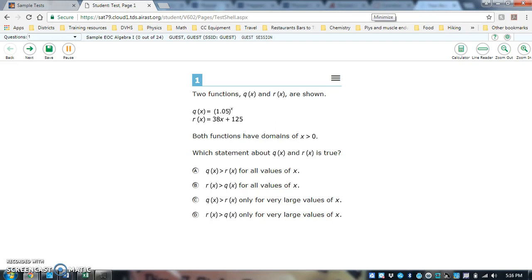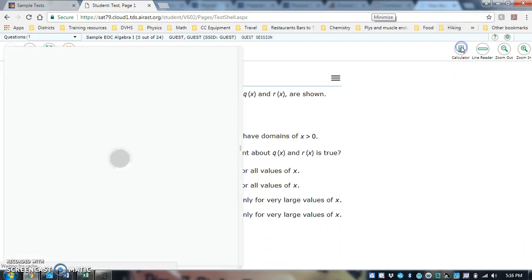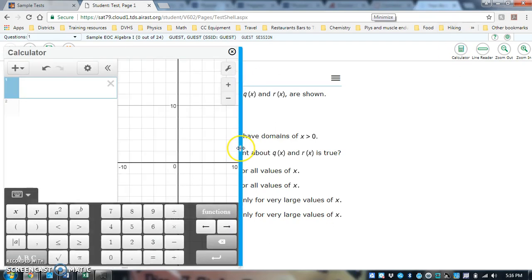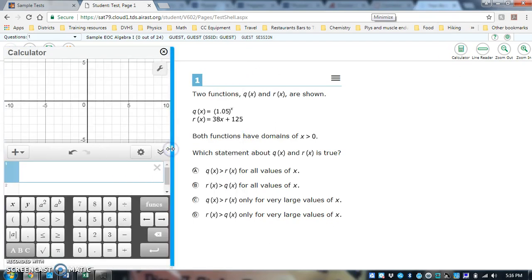Now, if we're not sure how they grow, we can always select our calculator and just plug in the functions, which is what I'm going to do right now.